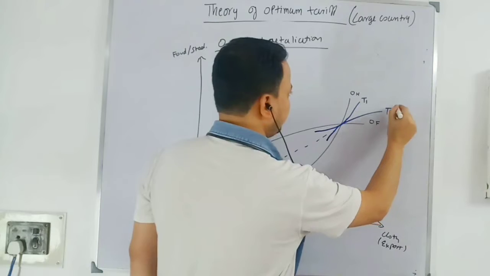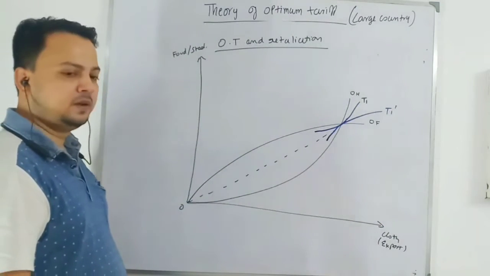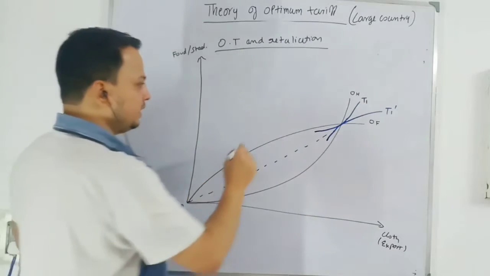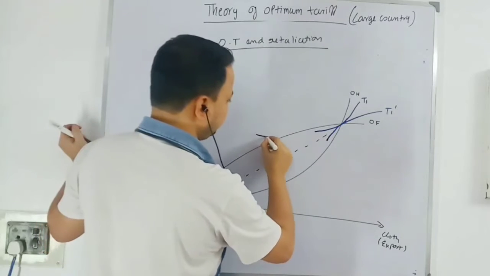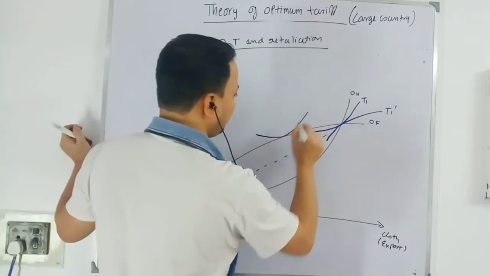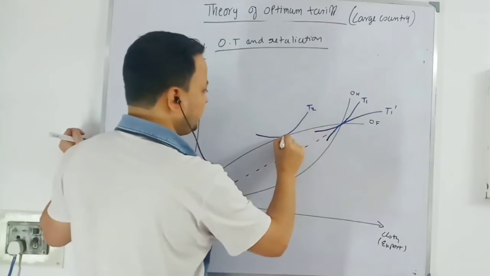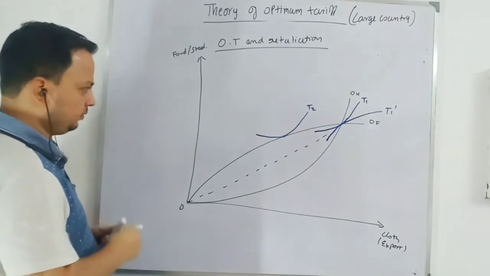So I write P1 prime. I am using prime for the home country. What will be the optimum tariff for the home country? Where its trade indifference curve, say here, is tangent to the offer curve of the foreign country, say T2. This will give me the optimum tariff for the home country.